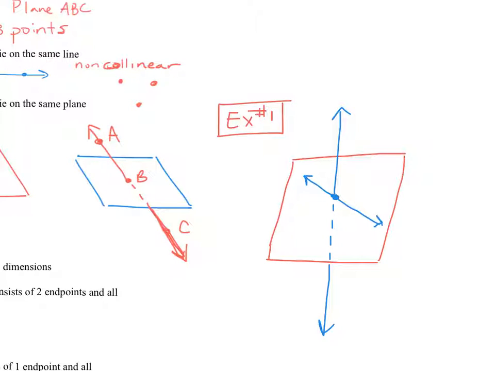And then we're going to letter some of this. We're going to call this point R, point Q, and point S. And then this will be T, and this will be N. And then we're going to put a P here.